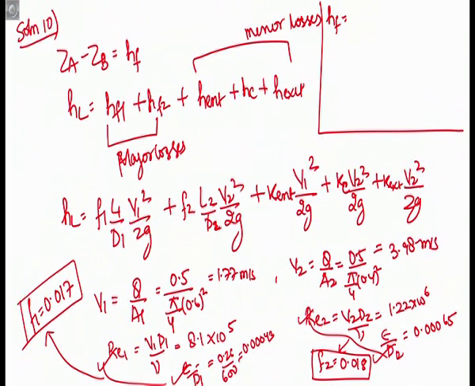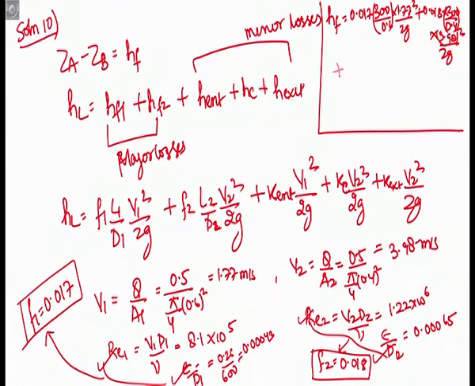HF, so we know everything: 0.017 into 300 by 0.6 into 1.77 square by 2g plus 0.018 into length is 300 only by 0.4 into V2 square, 3.98 whole square by 2g.